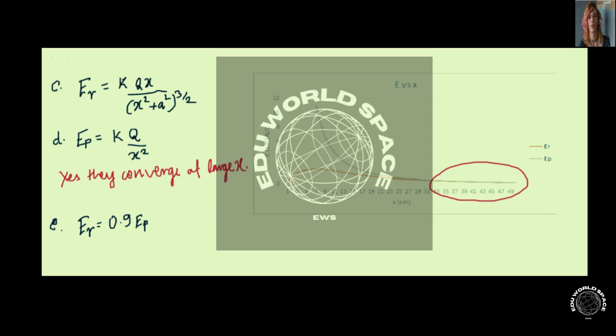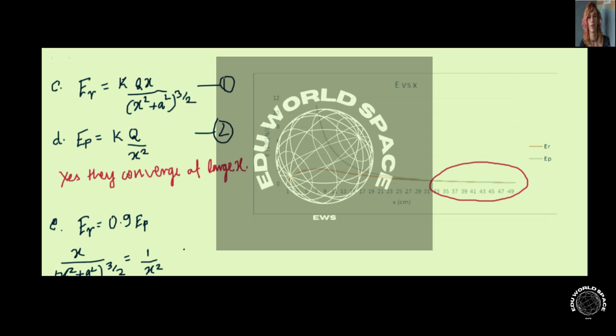Now for this, just equate the formulas, equation 1 and 2. If you equate those, k and q cancel out in both the terms. So in the ER term, we will have left x upon x squared plus a squared power 3 by 2, whereas on the RHS we will have 1 upon x squared, right?